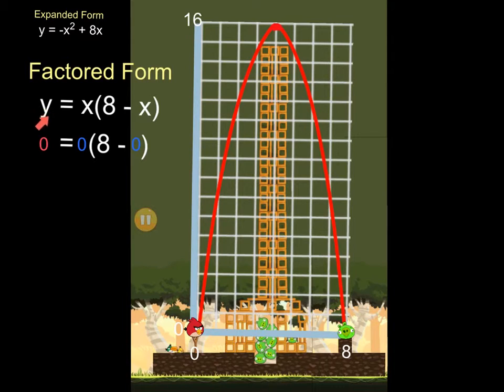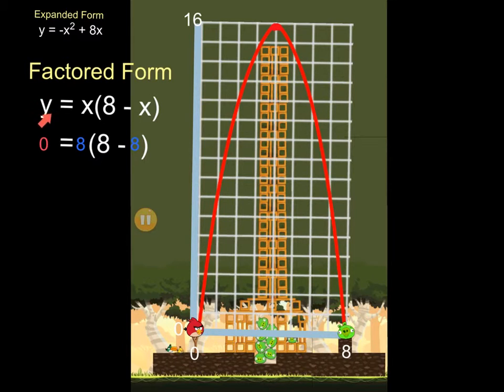One way to make the y equal 0 is if we use 0 in the place of x. 0 times anything is going to equal 0. So that corresponds with this x-intercept right here. When we use 0, we get 0.